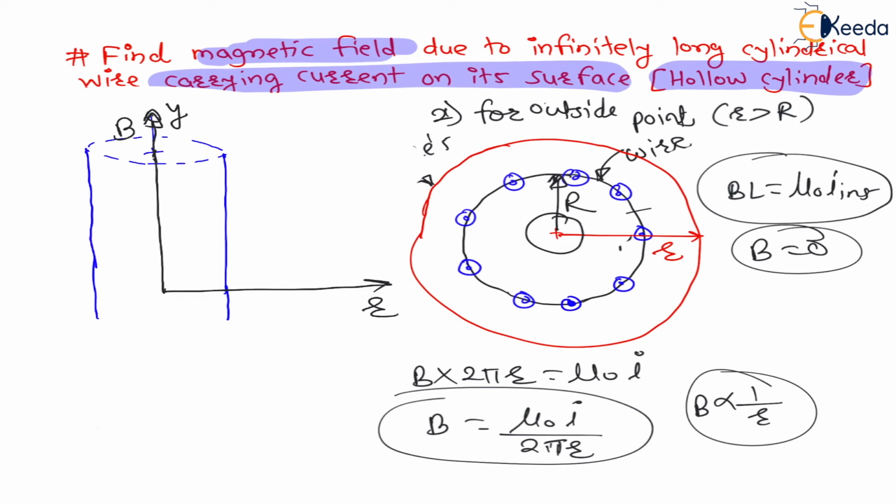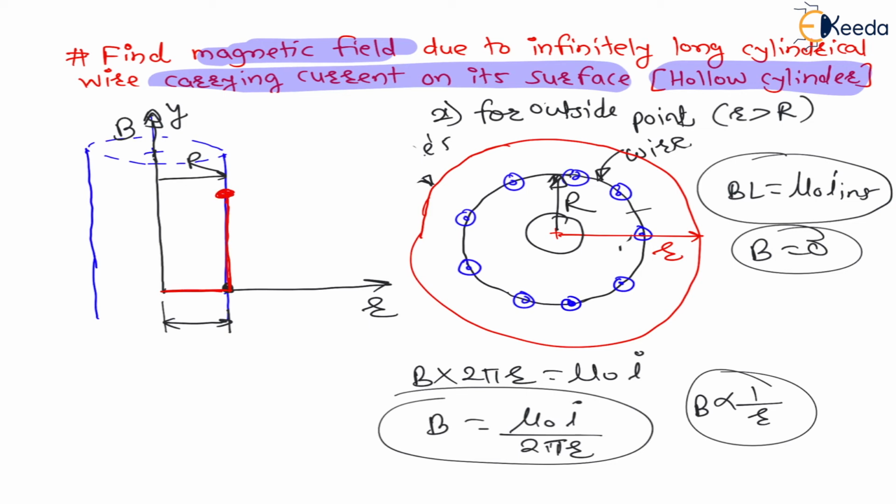Therefore up to capital R, this much distance inside, the magnetic field will be 0 only. And at this location suddenly the magnetic field becomes maximum. Therefore here there will be a sudden increase like this, from 0 and then suddenly maximum.